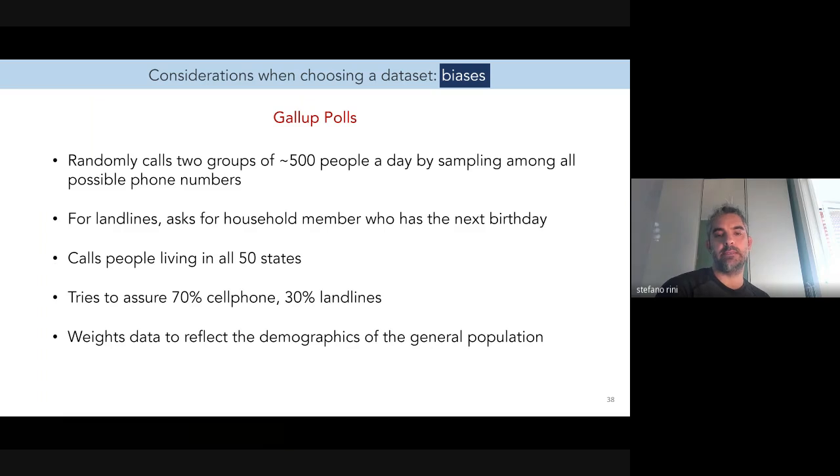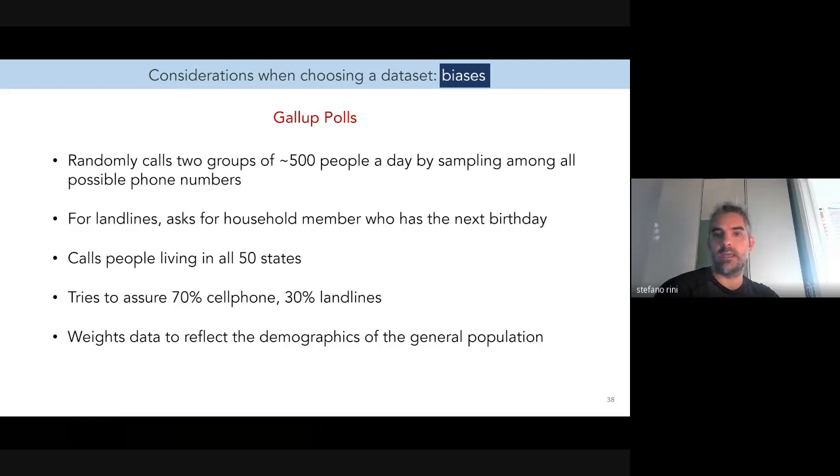Usually there is a data set of people that answer phone calls, and they call, let's say, 500 people among all the people that responded from phone calls, and then they try to select landlines based on maybe some racial background. They try to call people that are in a certain coverage of states, and then they try to weight the data that they collect by the demographics of the general population.